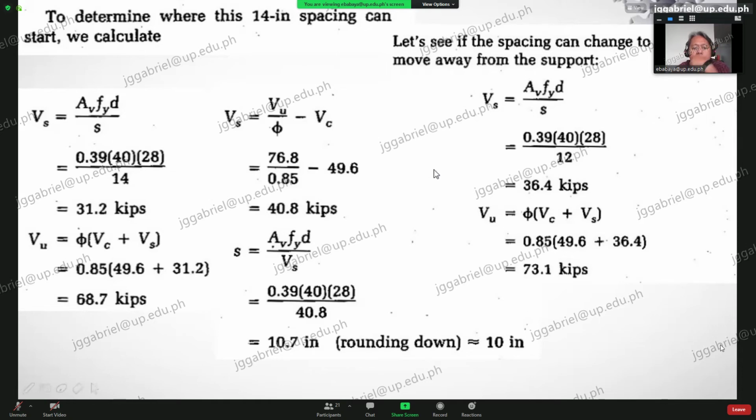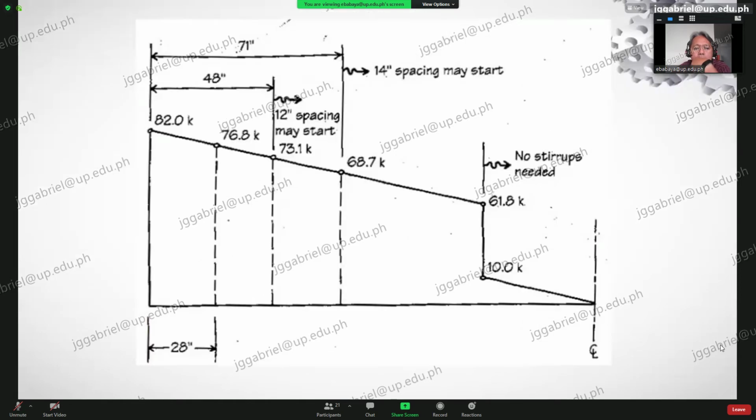Okay, let's go back to the drawing. As we've said before, this is the critical region.